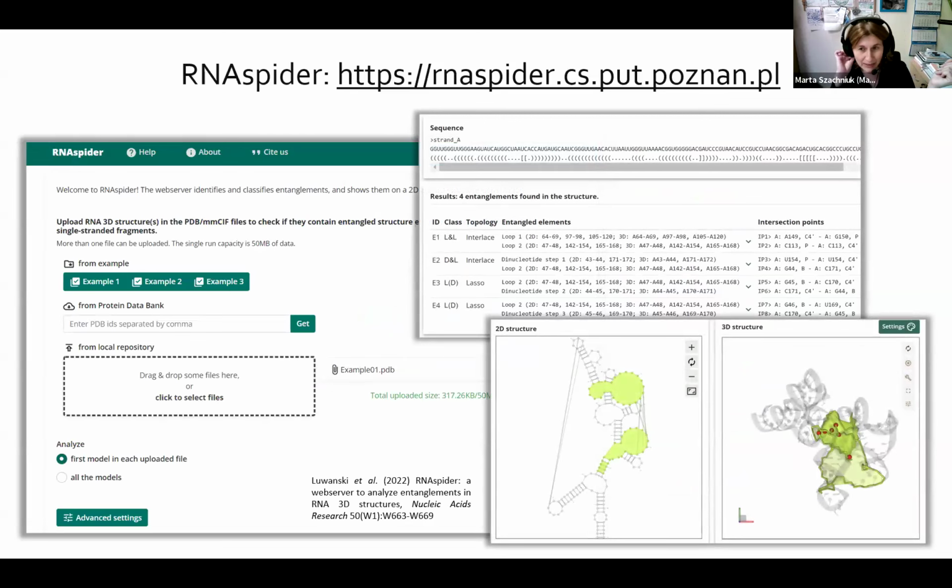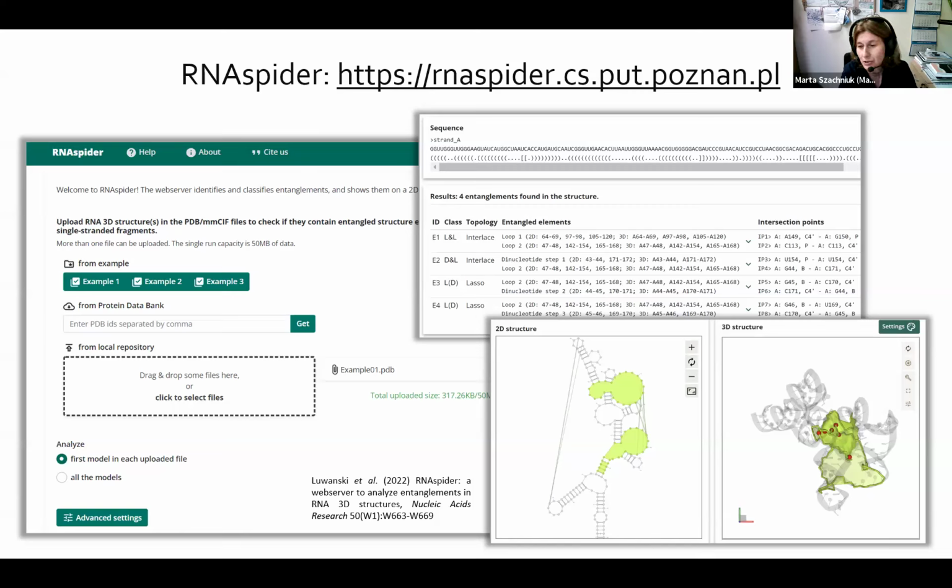The algorithm has been implemented in our web server tool, which is called RNAspider. The tool is available freely at its link, which is provided here. So whenever you have a 3D structure model which you would like to check for entanglements of structure elements, you can upload it to RNAspider, run the spider, and find out whether there are any entanglements.